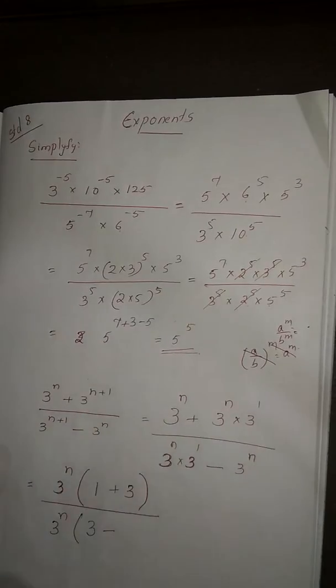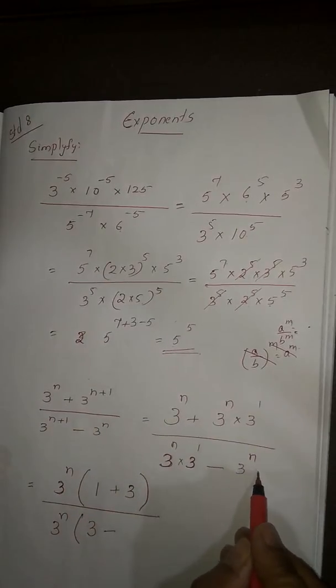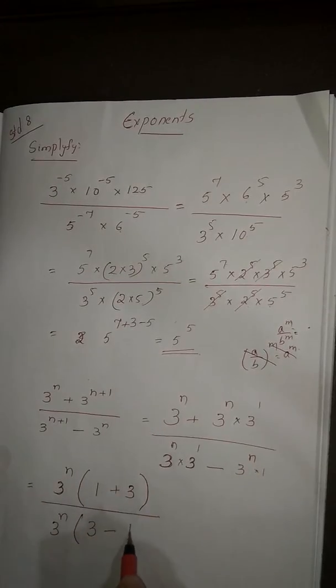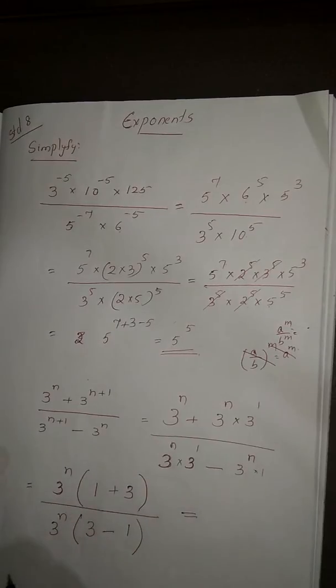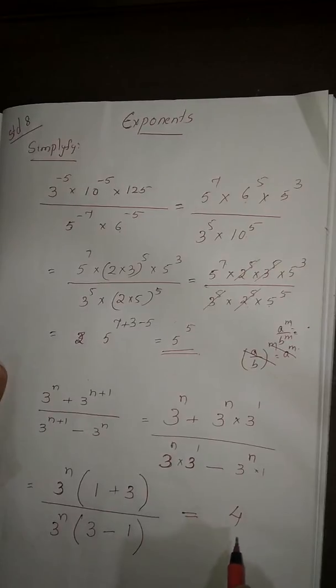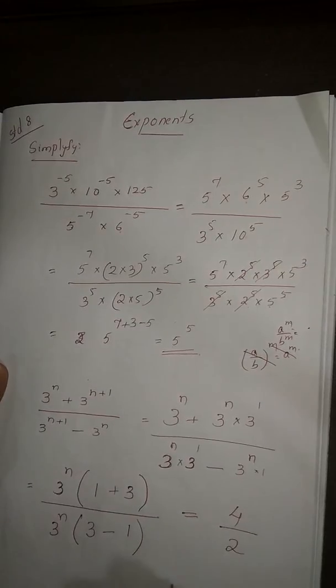And here it will be 1. Now again 3 to the power of n and 3 to the power of n will get cut. So 3 plus 1, 4. 4 by 2 is equal to 2.